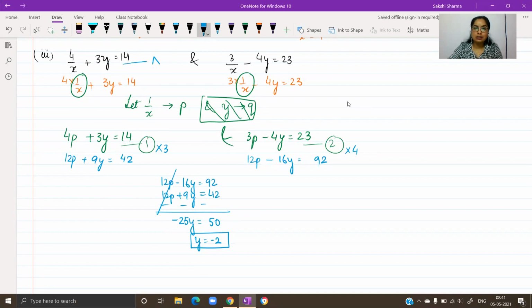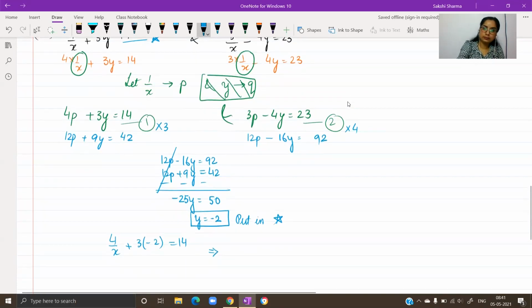So let's mark the one given to us originally. 4x plus 3 times minus 2 equals to 14. x comes out to be 5.